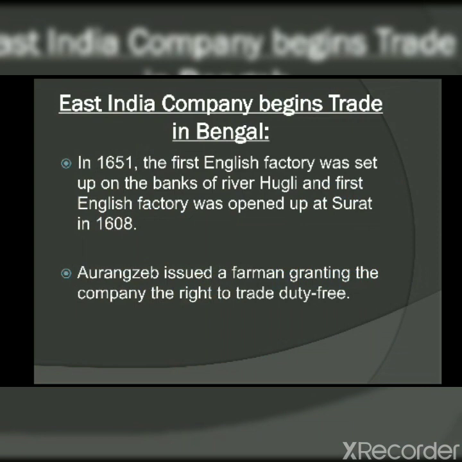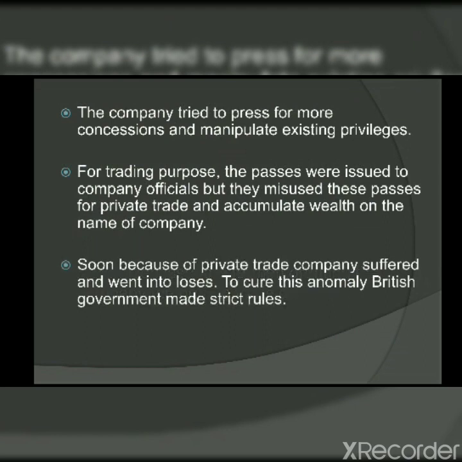As trade expanded, the company persuaded merchants and traders to come and settle near the factory. By 1696, it began building a fort around the settlement. 2 years later, it bribed Mughal officials into giving the company zamindari rights over 3 villages.